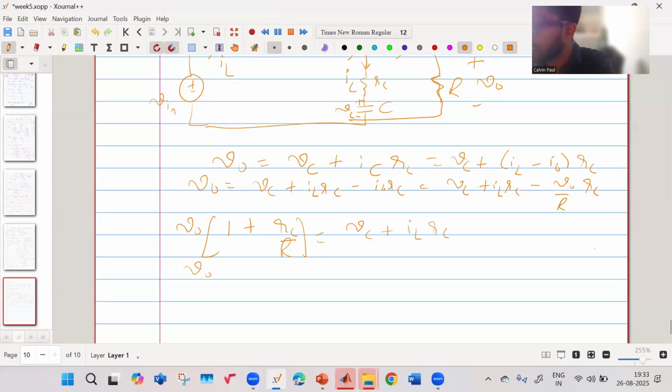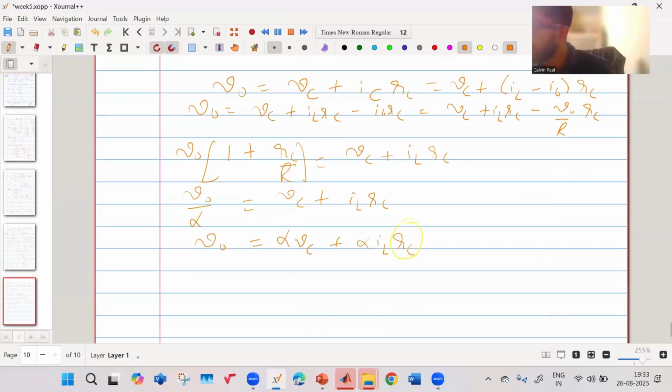So actually this is V output by alpha, the VC plus IL RC. So your V output becomes equal to alpha VC plus alpha into IL RC. So because of this RC, this culprit comes. This creates this alpha, we have to rederive. When this RC is not there, my V output is equal to VC. So it becomes easy and simple. But when this RC comes, these things have to be taken into account. So this is what makes it difficult.